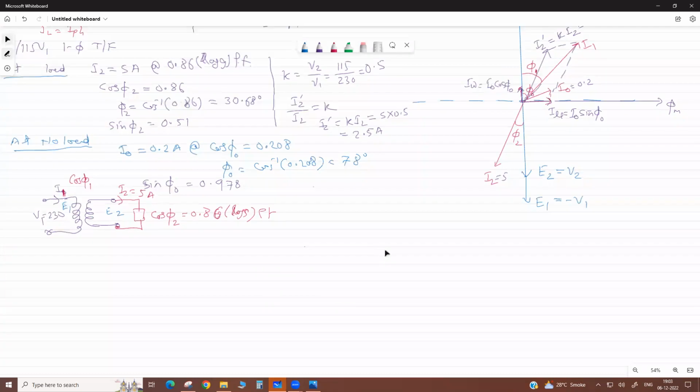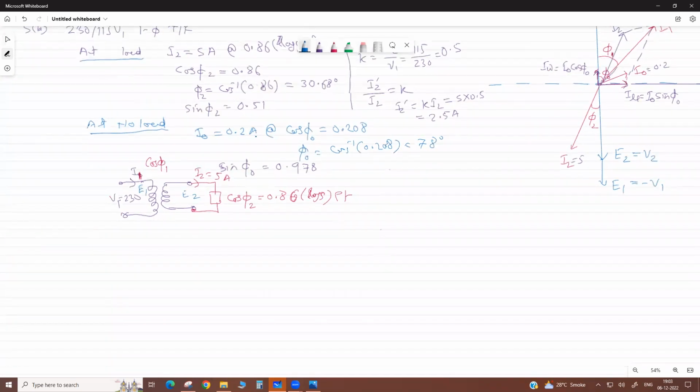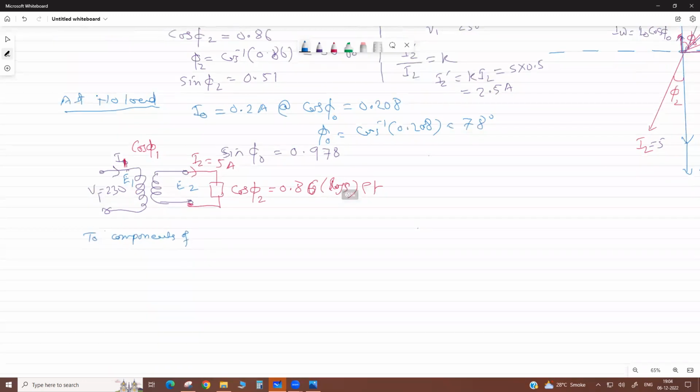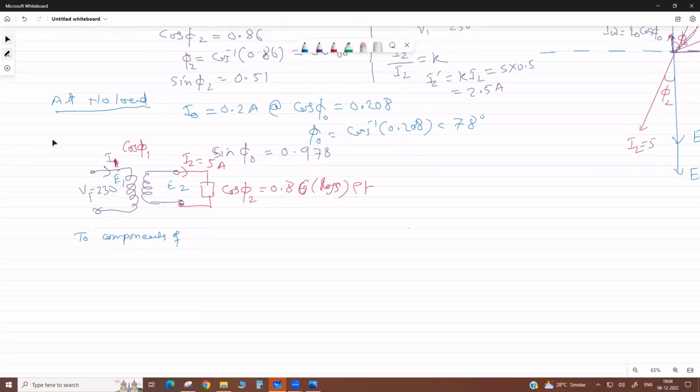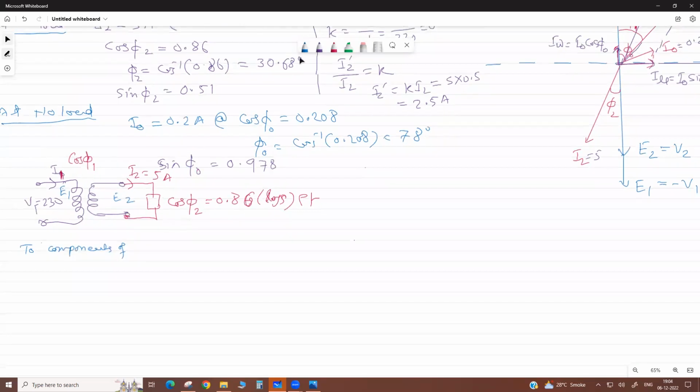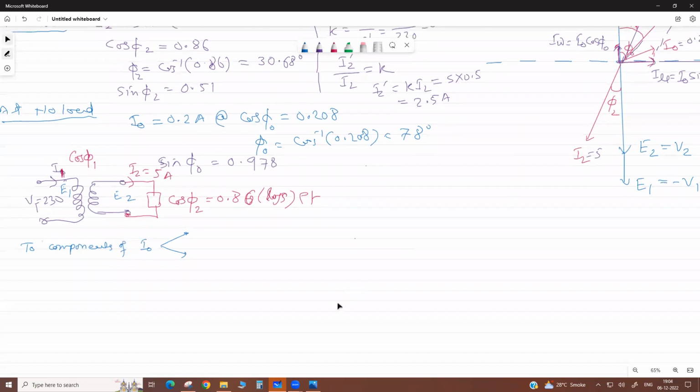So here, first, we already know the two components of I node, the no load current. There are two components. First is along the x-axis.